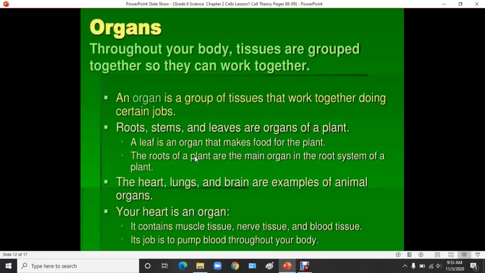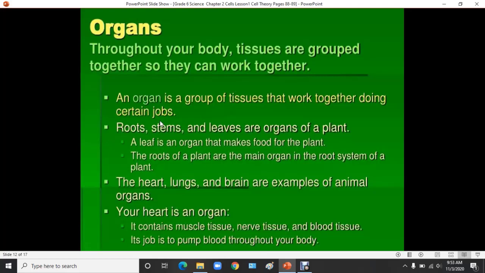When we talk about organs, throughout our body tissues are grouped together so they can work together. So we can say an organ is a group of tissues that work together doing certain functions, certain jobs.